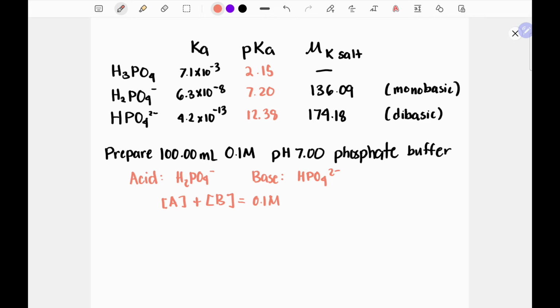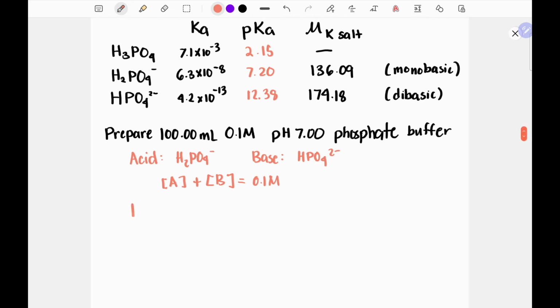So, even if the Henderson-Hasselbalch equation describes equilibrium concentration, we can use it to describe initial concentration, and we can just correct it later. I know my desired pH, it's pH 7. I know my pKa, it's 7.2.